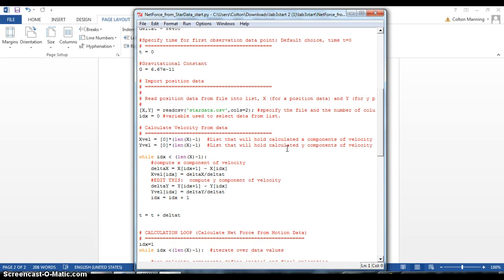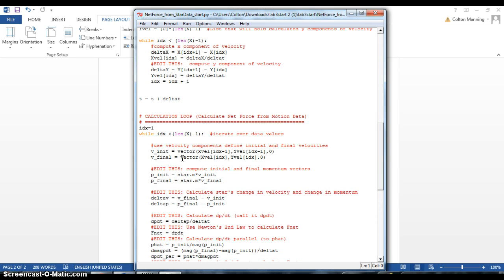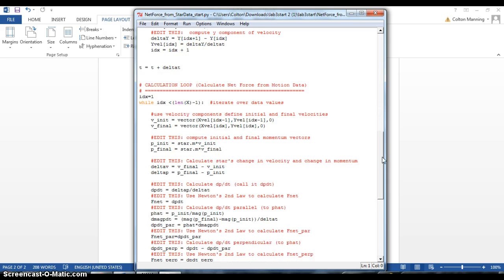So we use this information to find delta x, which would be the change of x position, delta y, the change of y position, and the x velocity and the y velocity. We also use a few more equations shown here to find the initial velocity, the final velocity, the initial momentum, the final momentum, and then also the change of velocity and the change in momentum.